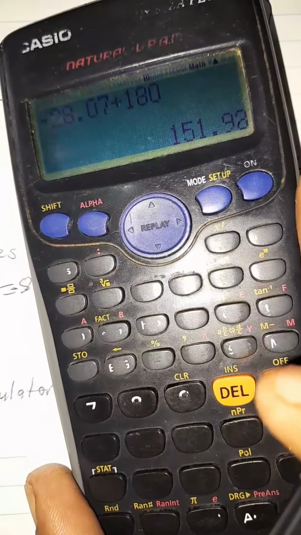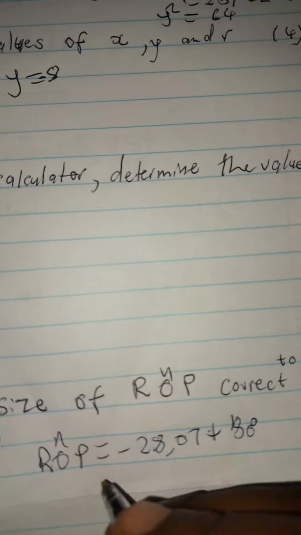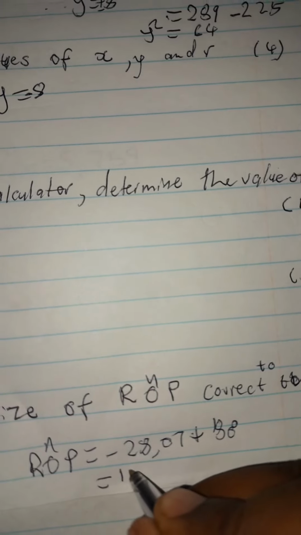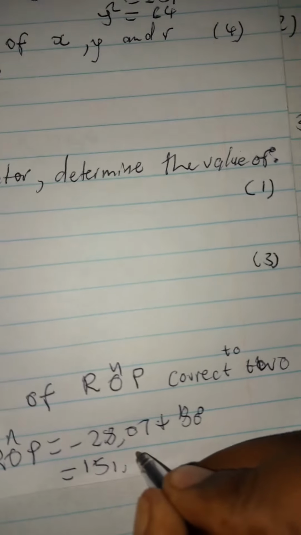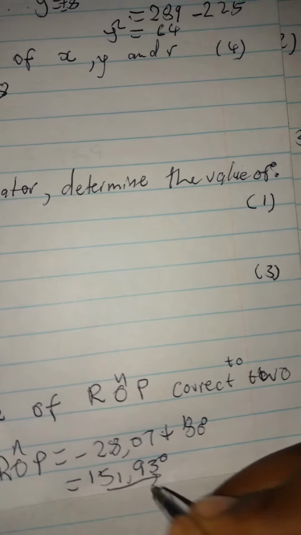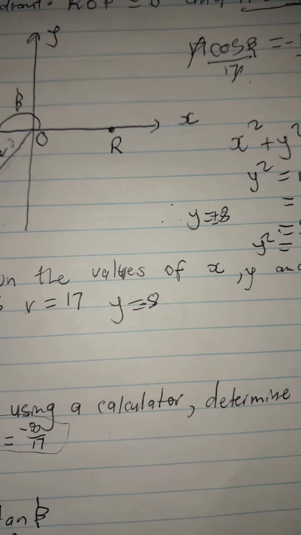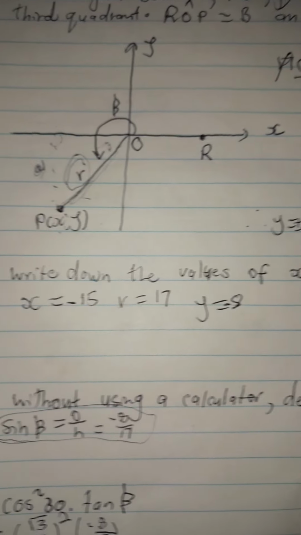That will be 151,93. Okay, 151,93 degrees as our angle. So that's how we can calculate that, right? So, okay, let's go to 5.2.